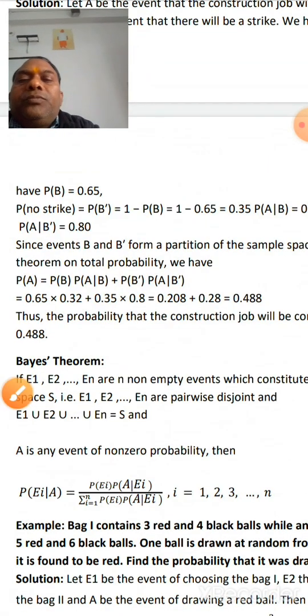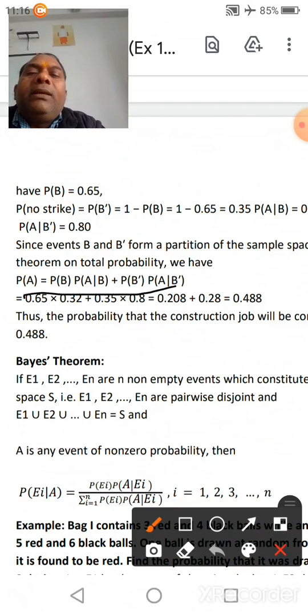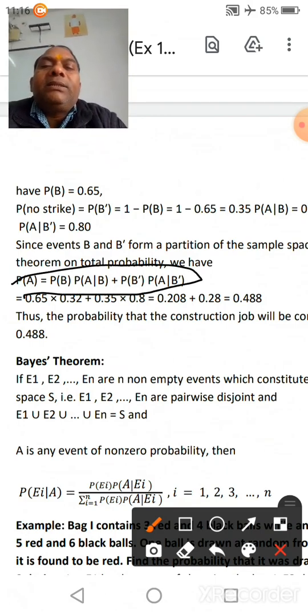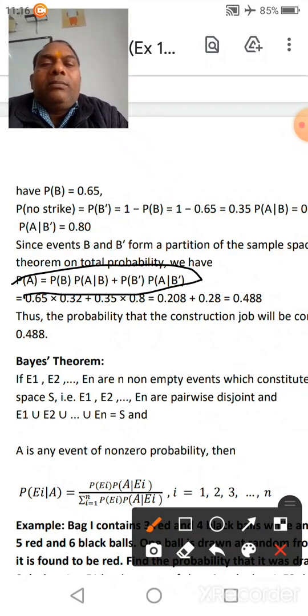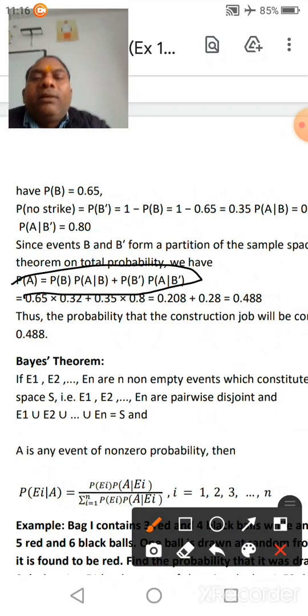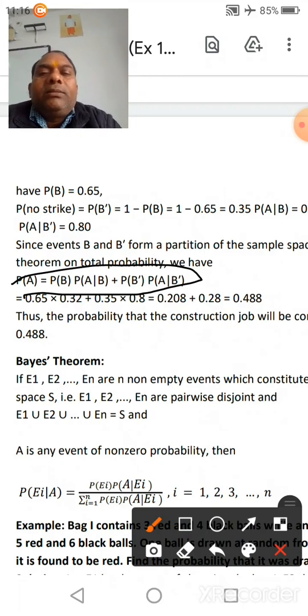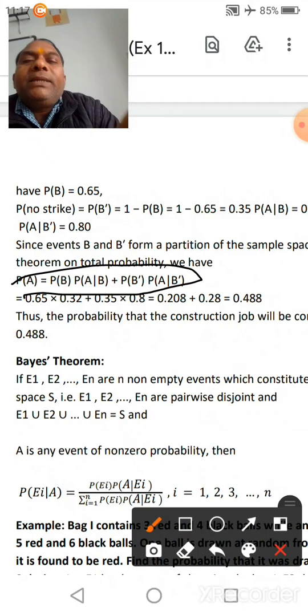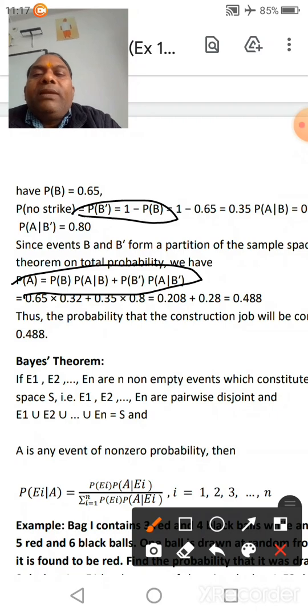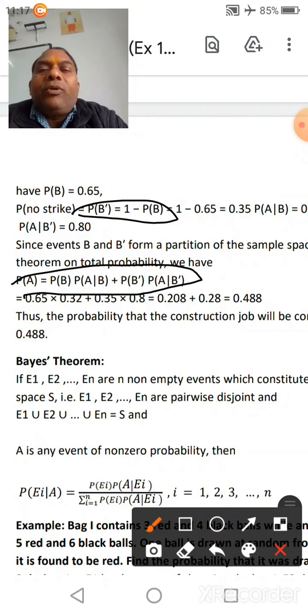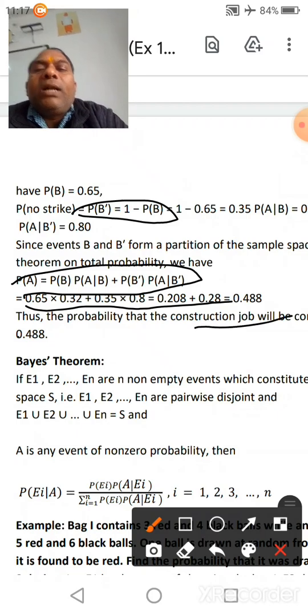Now P(A) will be equal to P(B) P(A|B) plus P(B') P(A|B'). B' or B bar means the probability of not B, that is, 1 minus P(B). So P(A) equals P(B) into P(A|B) plus P(B') into P(A|B'). Now put the values and calculate it, then you have the required probability.